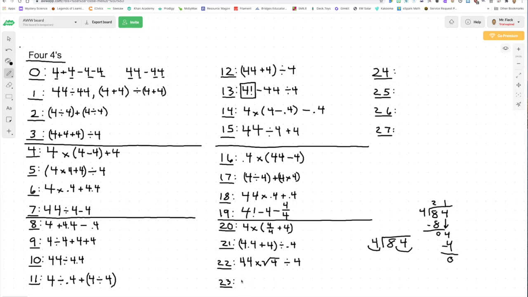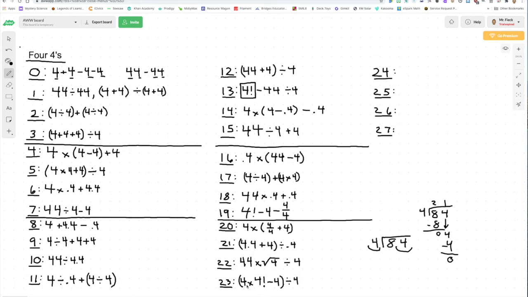And for 23, I came up with 4 times, and then I had 4 exclamation, which again makes 24, right? The 1 times 2 times 3 times 4, minus 4, and I put all of that in parentheses, and I did divide by 4.